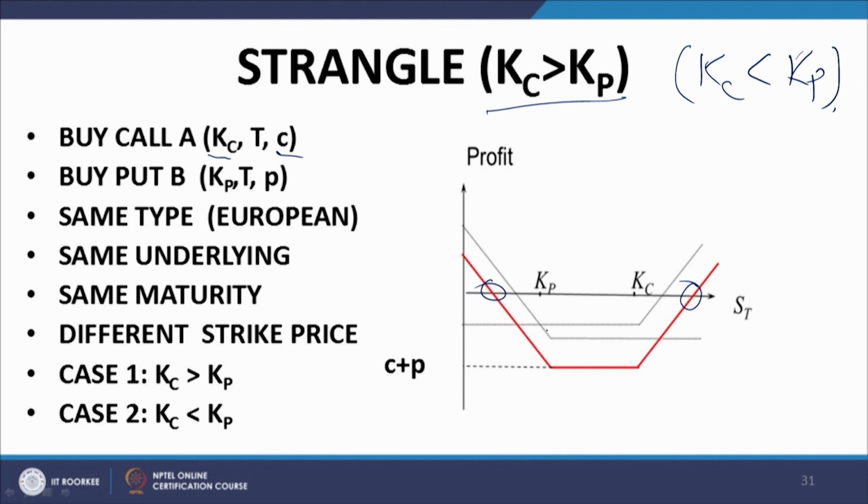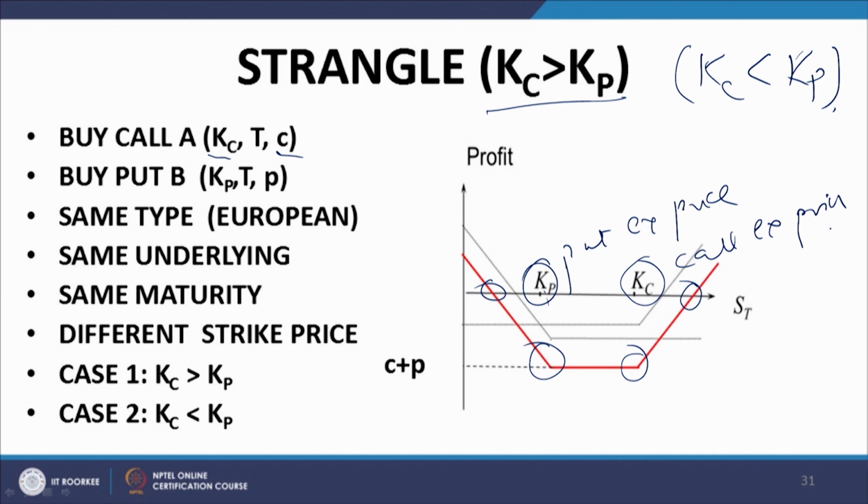This is the Kp. Kp is less than Kc. These are the two exercise prices. Exercise price of the put, and this is the call exercise price.